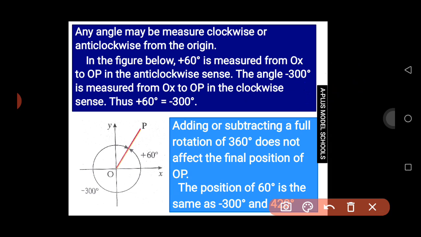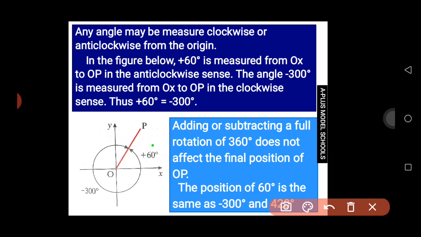If I subtract 60 from 360, it will still give me minus 300, so the position does not change. It still falls in the first quadrant. Minus 300 degrees and plus 60 degrees still fall in the same quadrant.